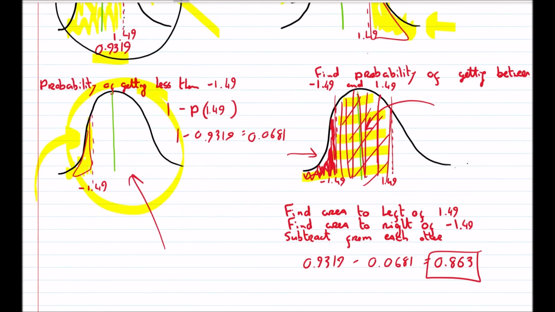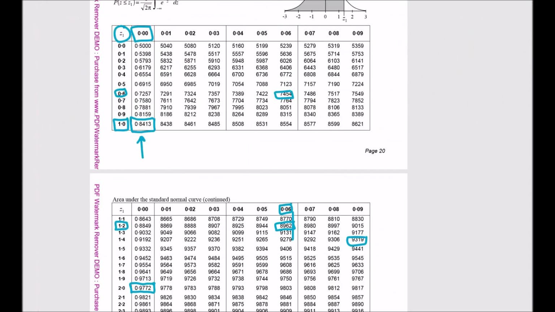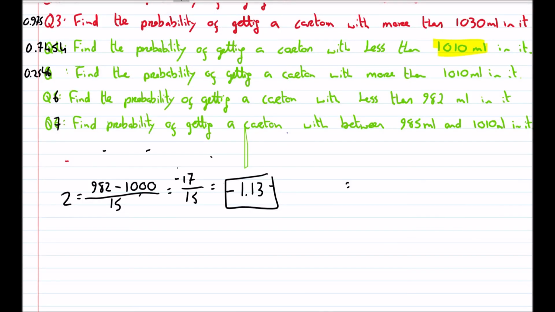Now, we have a minus z-score here. So what do we do in this case if we have a minus? Well, all we do is get the probability of the positive version of that z-score and take it away from 1. So a z-score of 1.13. That's here, so it's 0.8708.